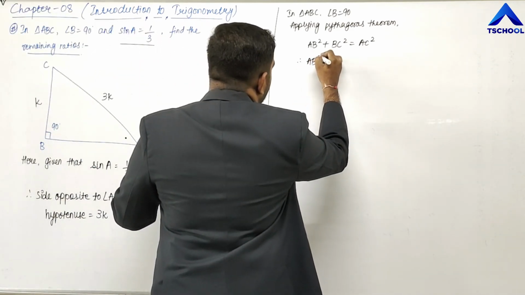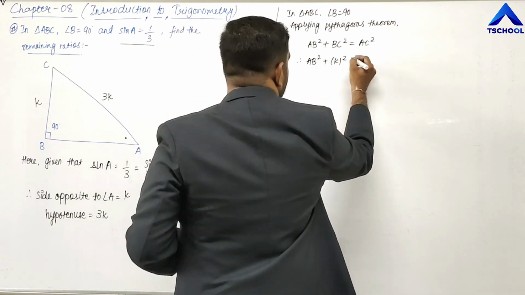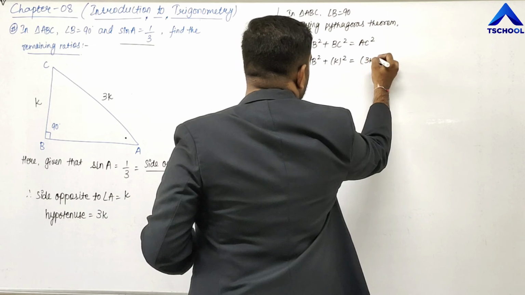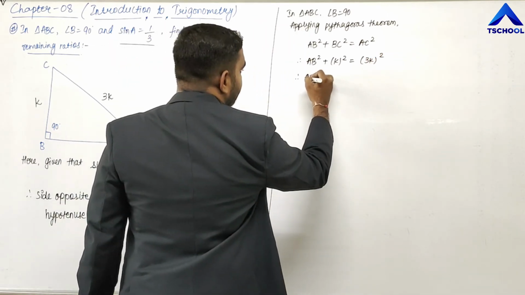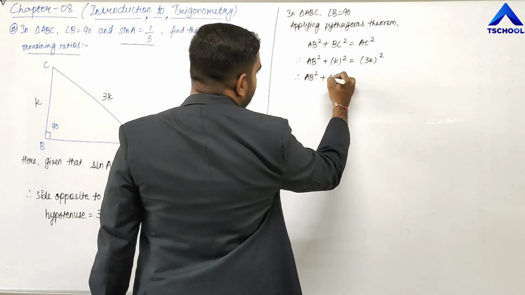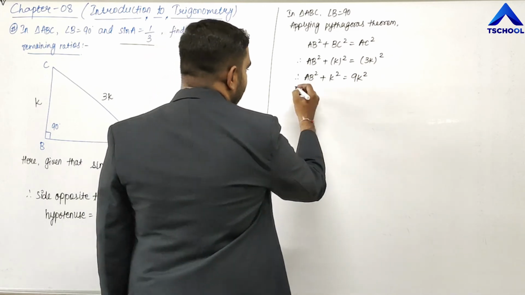Therefore, AB square plus K square is equal to 3K whole square, which gives me AB square plus K square is equal to 9K square.